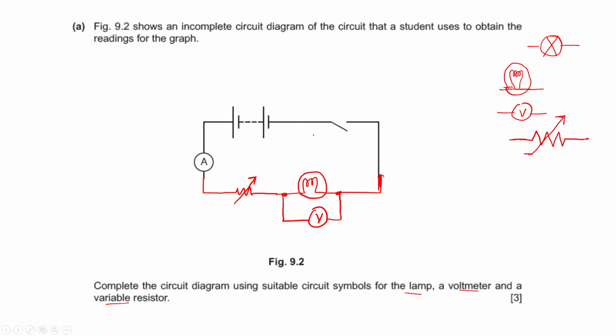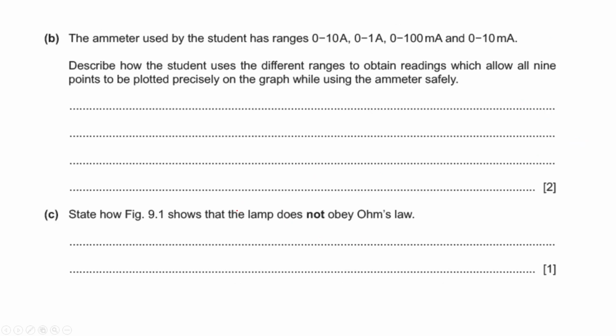So this will be my equivalent circuit: this is my variable resistor, this is my lamp, and this is my voltmeter.